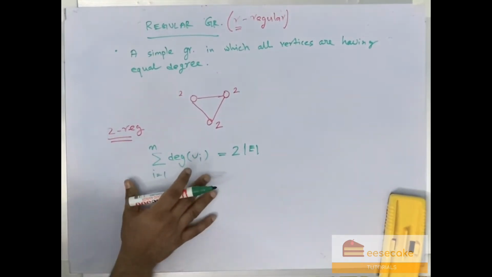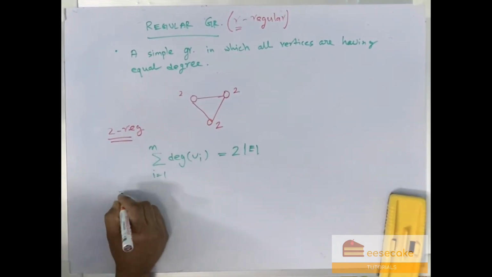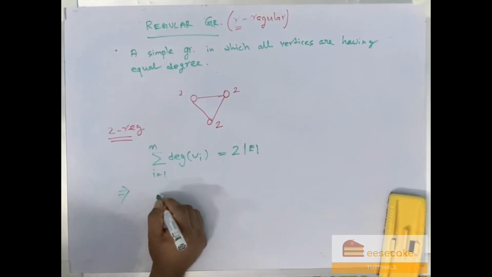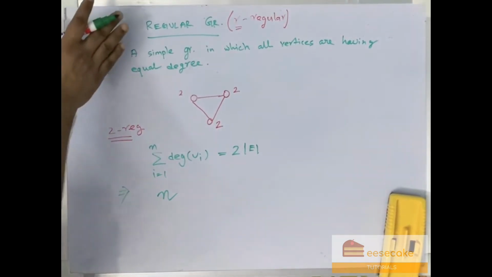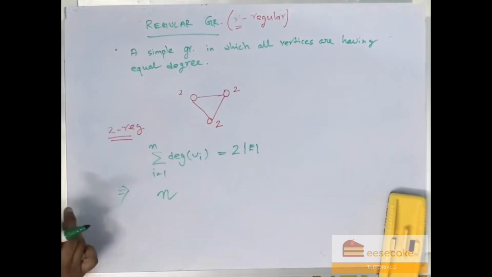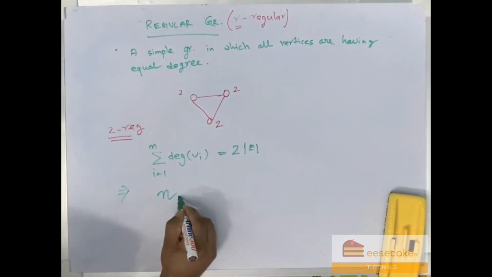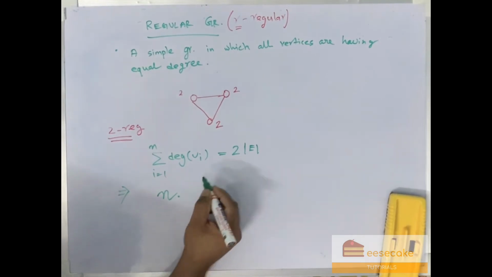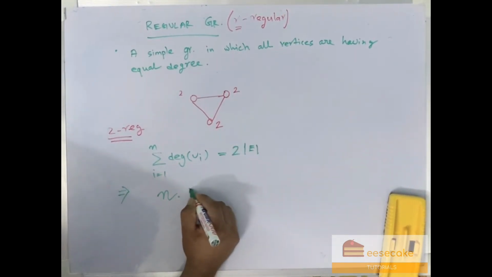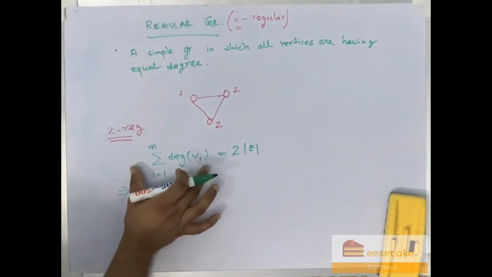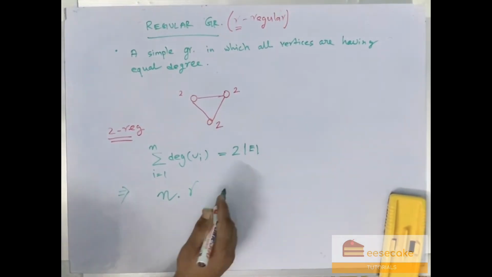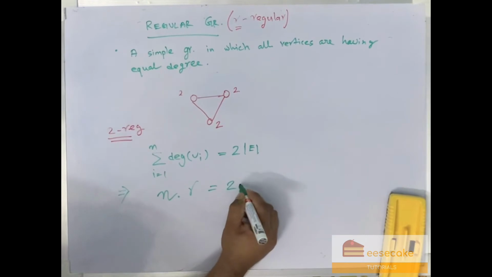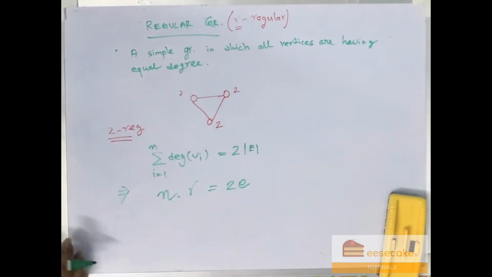So if I want to plot this, what are the total number of vertices? Say n. Now in a regular graph all the degrees are the same. So in this case it is 2, so it can be r, right? So this summation is basically n into the degree of each vertex, that is nr, which is equal to 2e, where e is the number of edges.